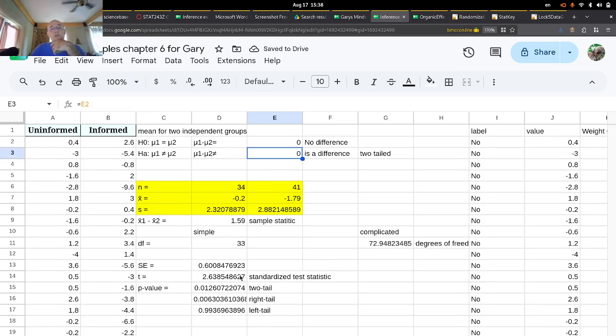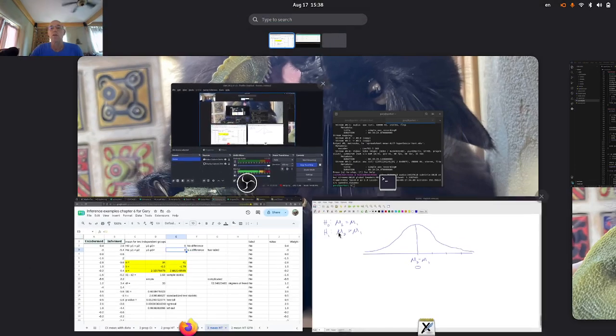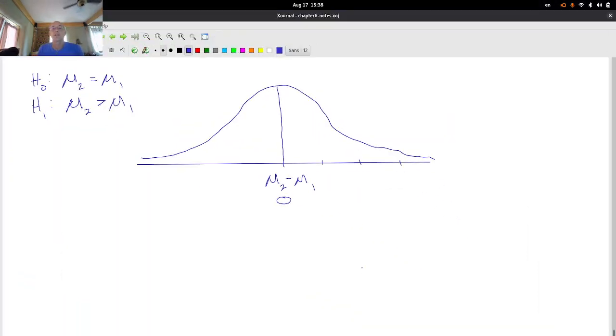And it says it's going to be about 2.6 standard deviations away. So if I look at my graph, again, this is 1 standard deviation, 2 standard deviations, 3 standard deviations. I'm 2.6 standard deviations, so my test statistic falls about here. X bar 2 minus X bar 1. And my p-value is however many samples end up in that region as a proportion.